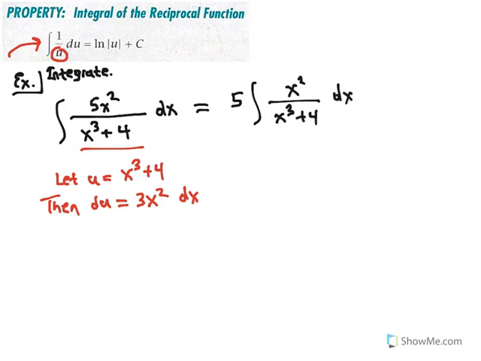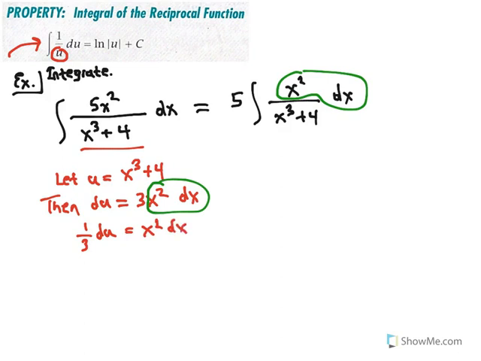And having factored out the 5, we are just left with x squared dx. And here we have x squared dx that we can isolate for by dividing both sides of the equation by 3, or alternatively you can say multiplying both sides of the equation by 1/3. So when you do that, you're able to use our u substitution here to do our change of variables step.